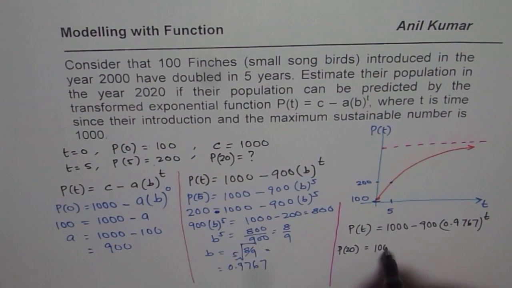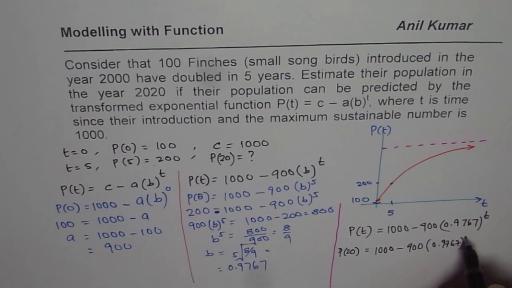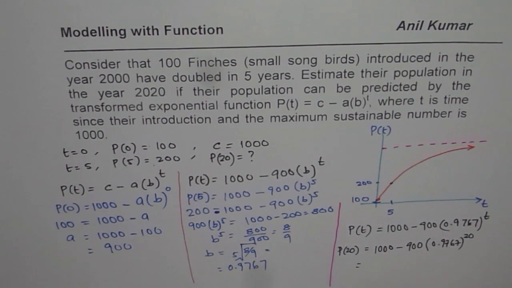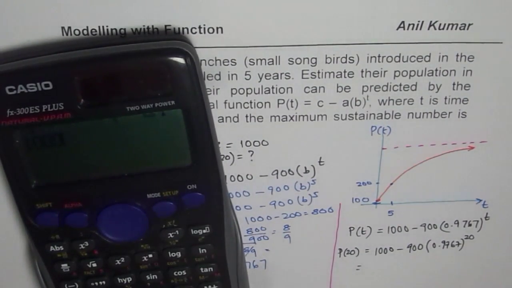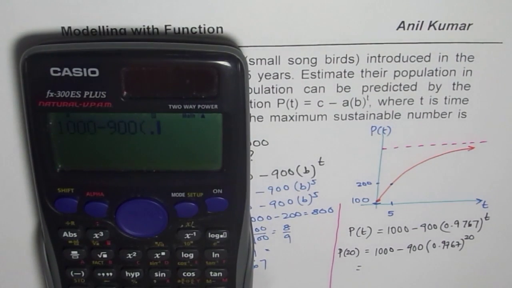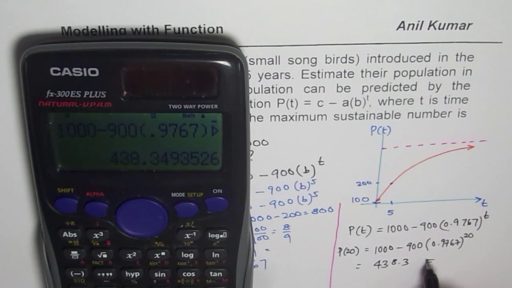That should be 1000 minus 900 within brackets 0.9767 to the power of 20. Let's calculate this. We have 1000 minus 900 within brackets 0.9767 to the power of 20, and that gives us 438.3, which we will round to 438.